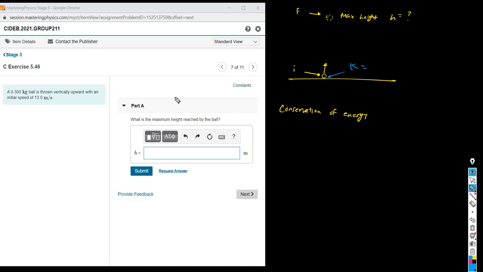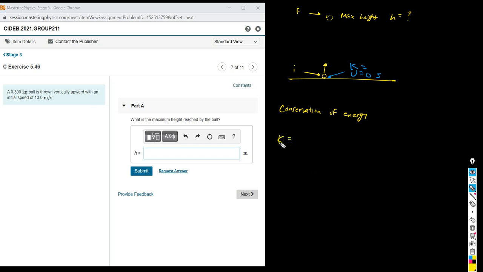Because it's just been thrown with this speed, you see? So it already has kinetic energy due to motion because it's being thrown upwards. Now, does it have potential energy? No, because it's pretty much at ground level. So the amount of potential energy is 0 joules, and the amount of kinetic energy can be calculated.